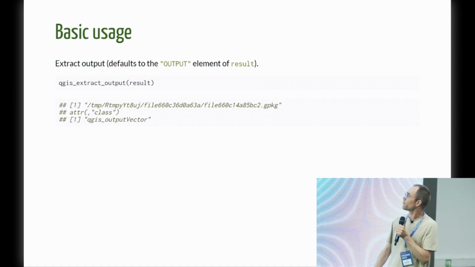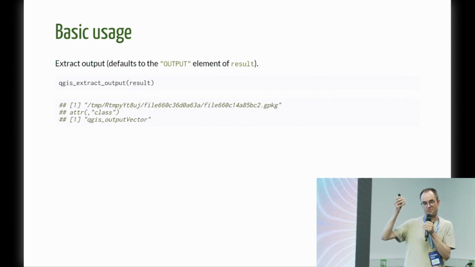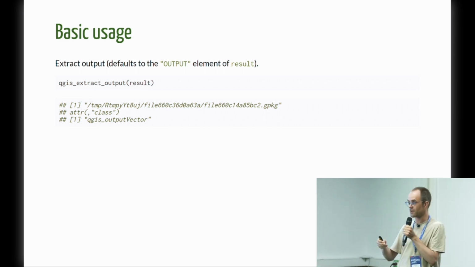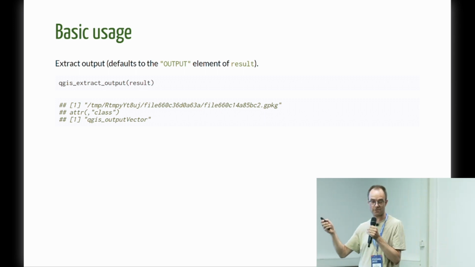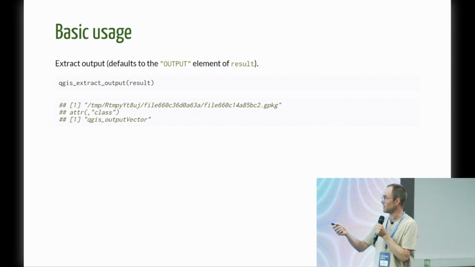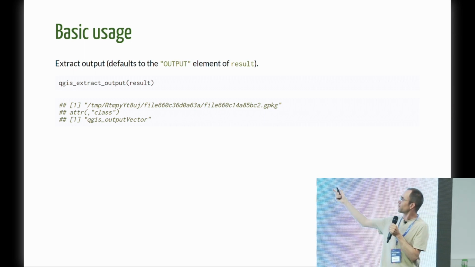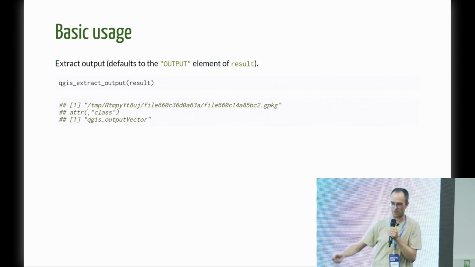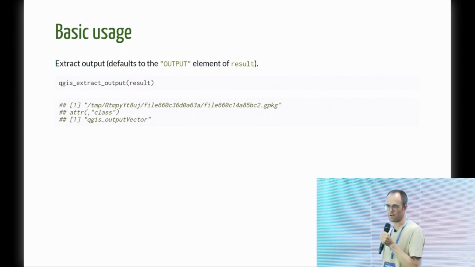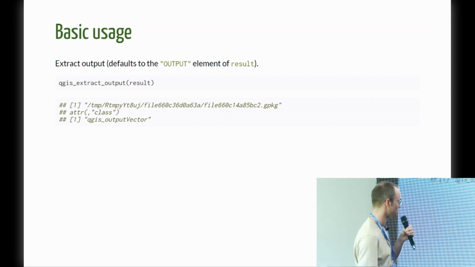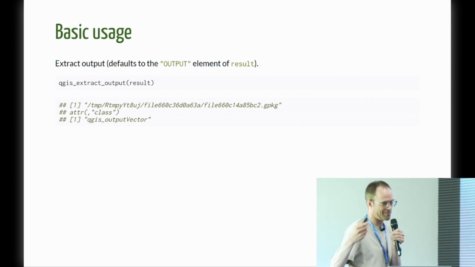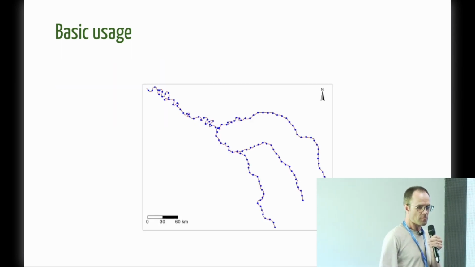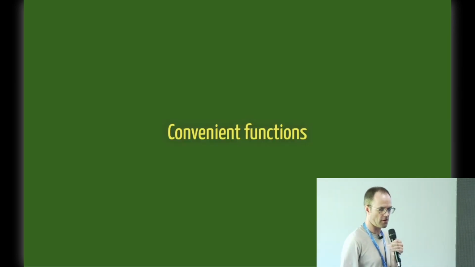The result object is actually a list of several elements, which can be handy to debug, but it also contains, of course, an output element, which is typically a path to the resulting file. We can extract it with this function directly, which takes as default the element that is named output. So there's the result. We have the points along these lines.